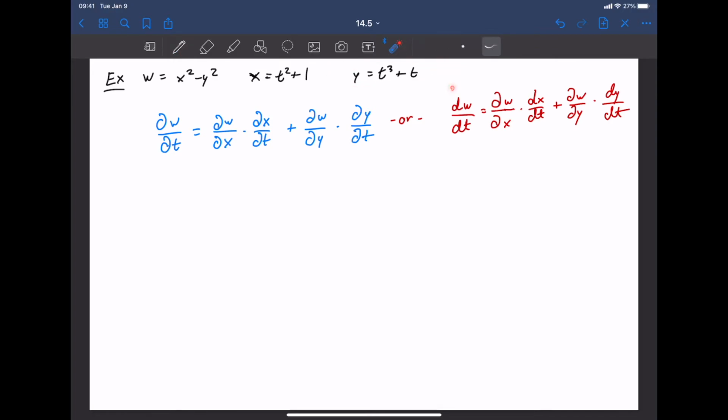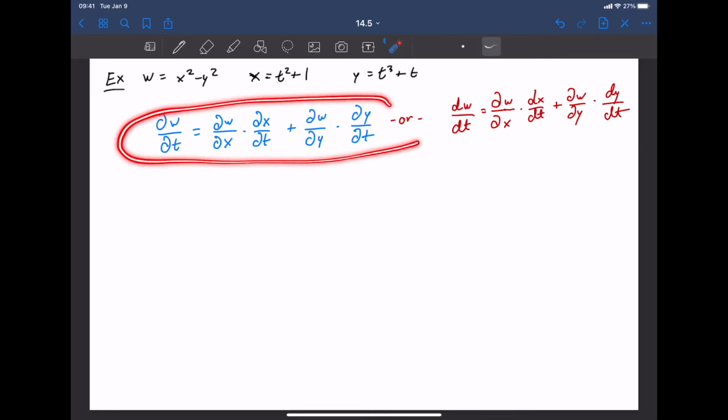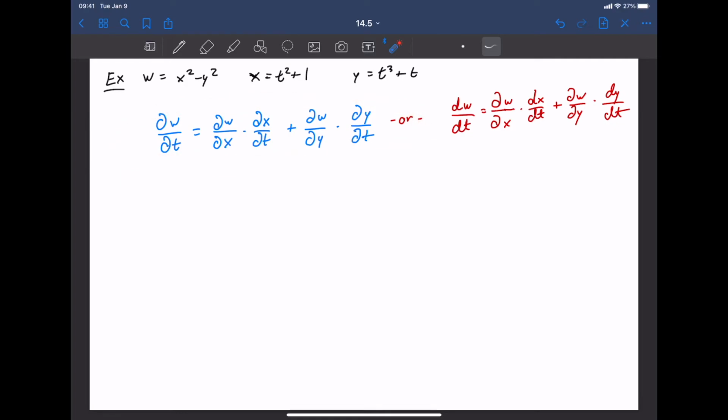Me, personally, I don't mind which one you use. You could use blue, you could use red. Eventually, we're going to go down the path where we're looking at blue exclusively, and that's what I think about it. So it's technically inaccurate to talk about that as a partial derivative because x is not considered to have two variables. It has one variable.